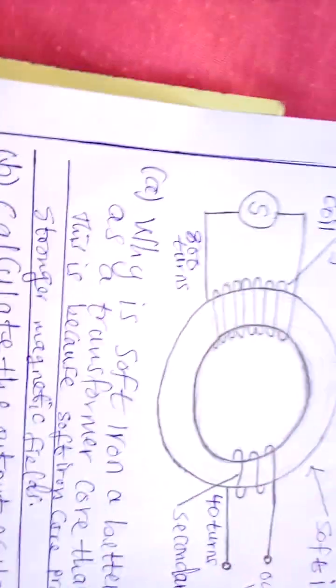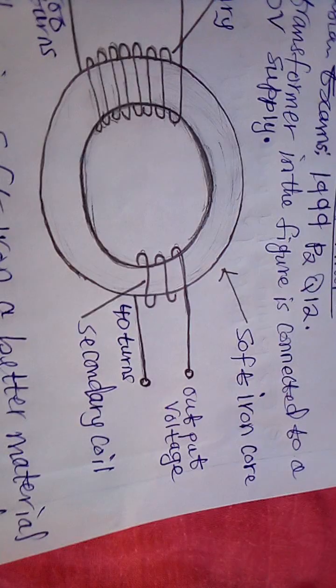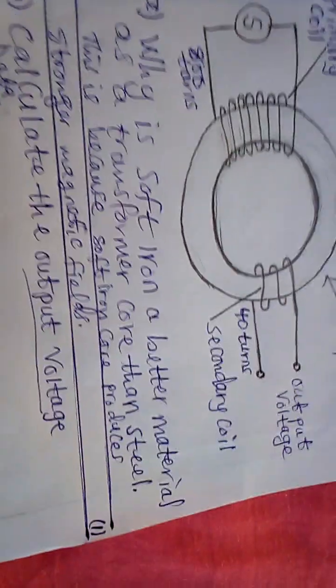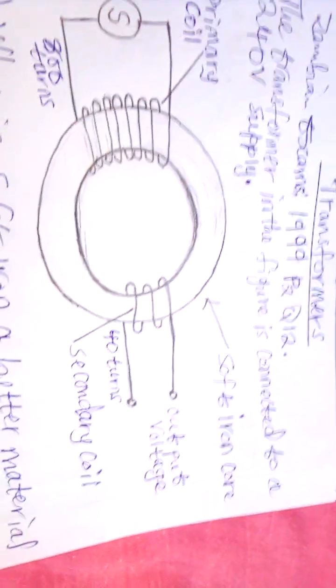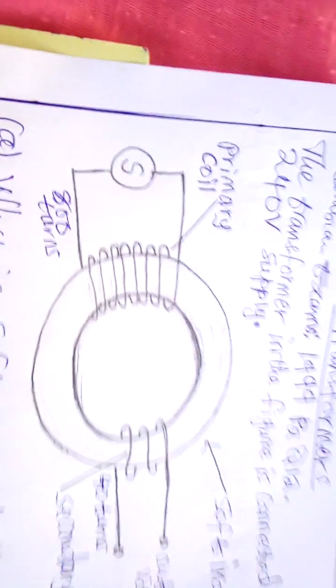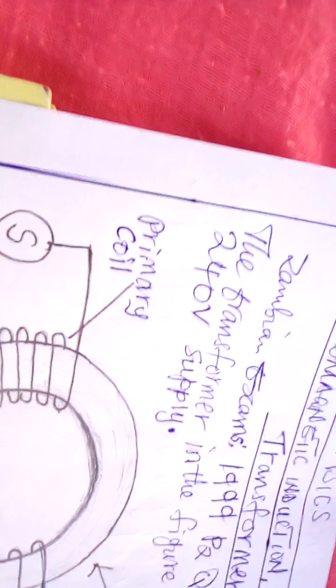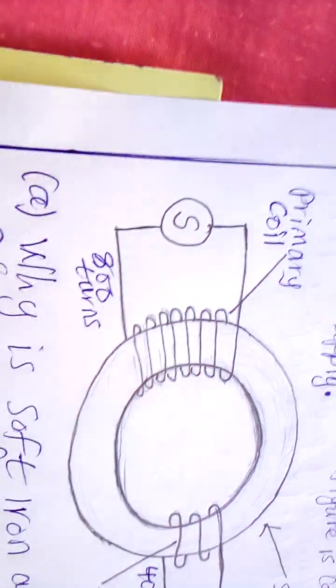Then we check thoroughly. We have got the transformer in the figure connected to a 240 volt supply. So that means 240 was fed to the primary coil.